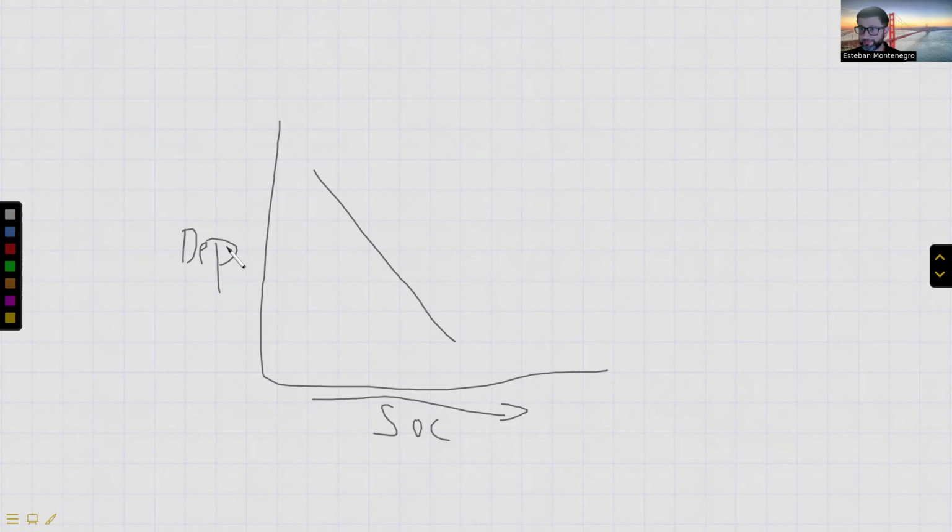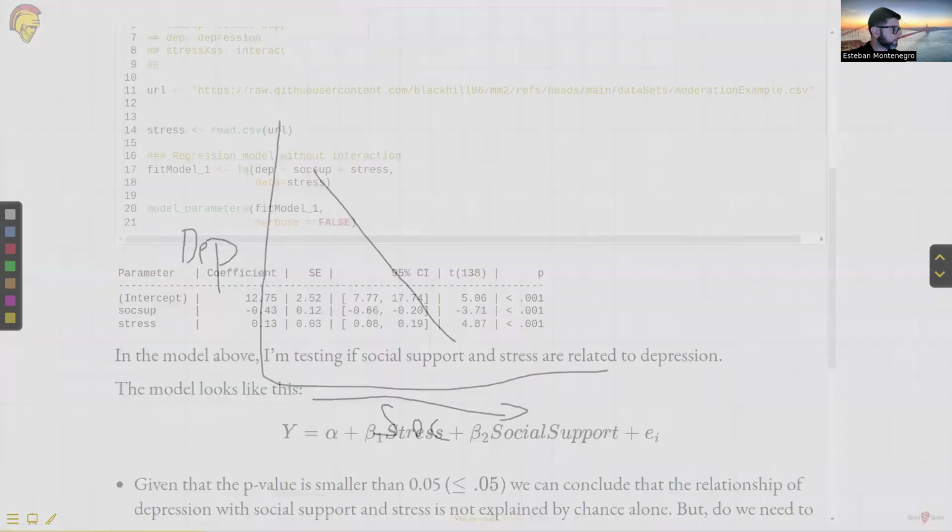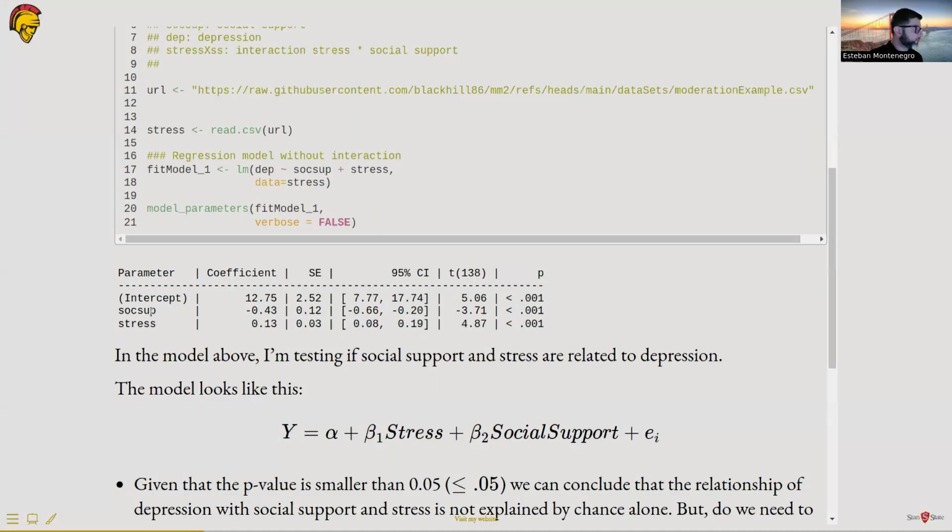That makes sense, right? So it's telling me that when social support increases for one, well, actually the right interpretation is for 1 unit increase in social support, depression decreases 0.43 units, right? That's what it's saying.